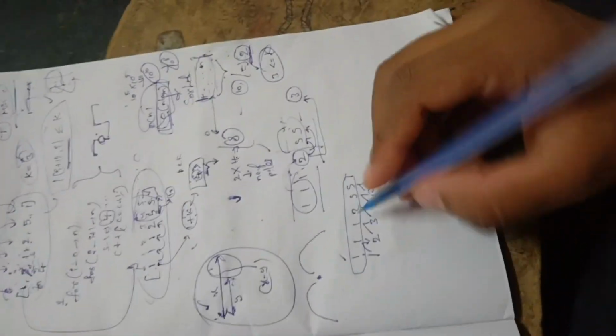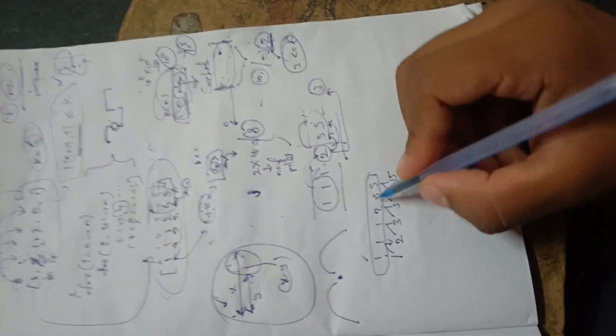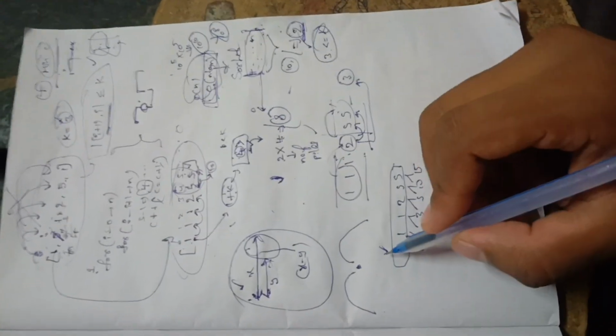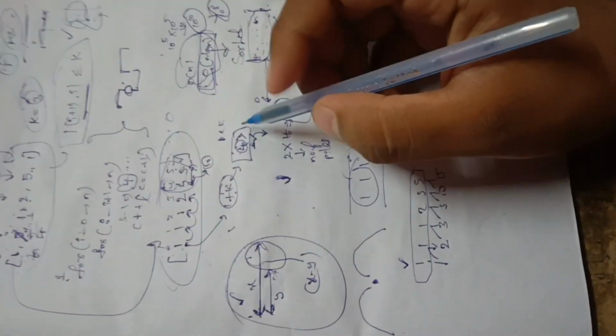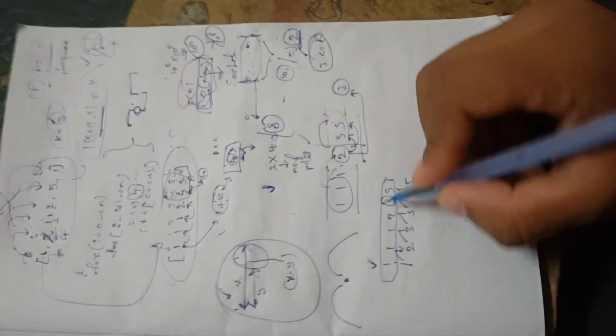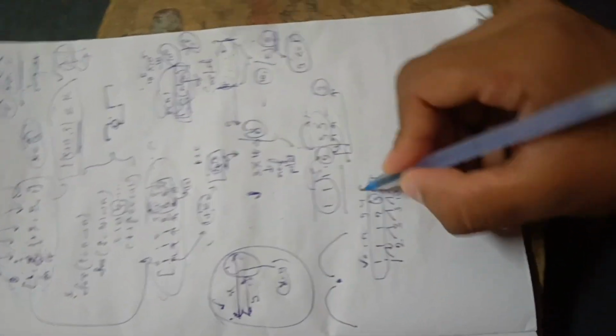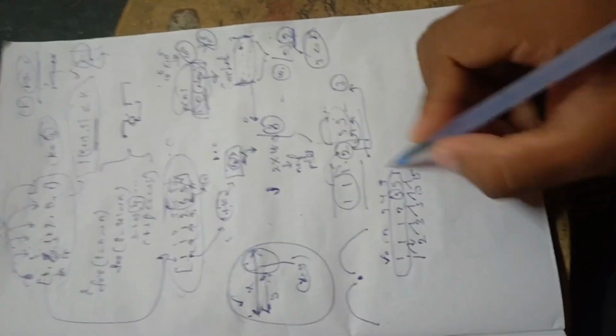So directly when I'm here, I have to find the first index which has an element greater than my limit, which is nothing but here. Okay, so now how many elements are left?